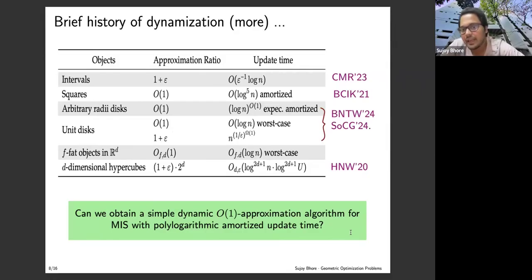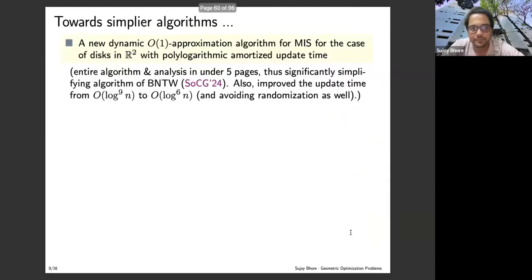But the analysis was fairly complicated and long. So we are interested in finding a simple solution with constant factor approximation with polylog amortized update time.